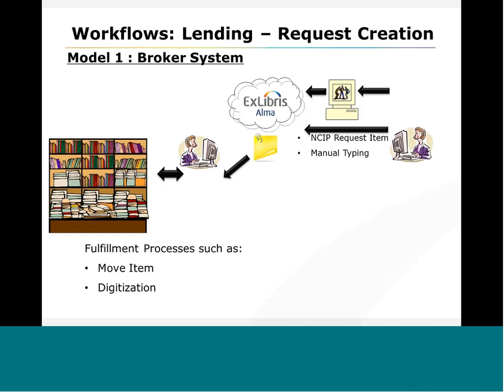So the request is registered into Alma either automatically using the NCIP request item message or manually. In either case, we have a lending request linked to the inventory, so the operator using Alma screens can place requests to move the item to the resource sharing library in order to ship it away to the borrower or to place a digitization request.